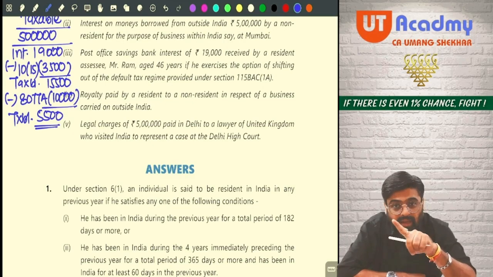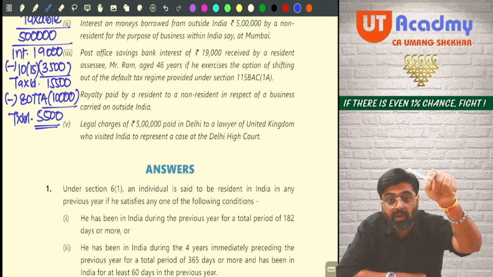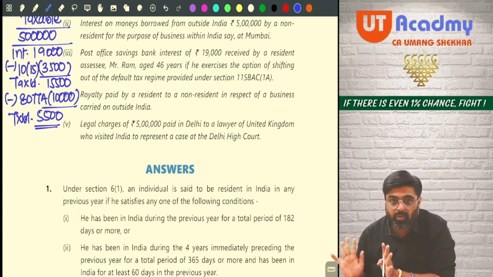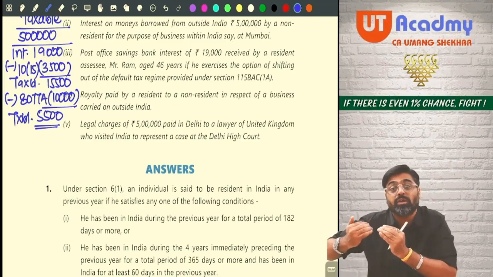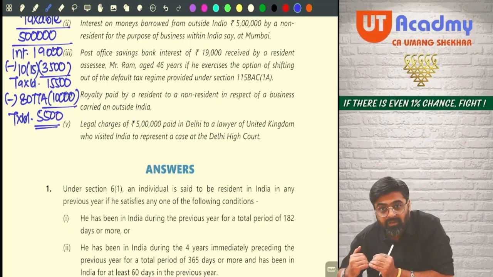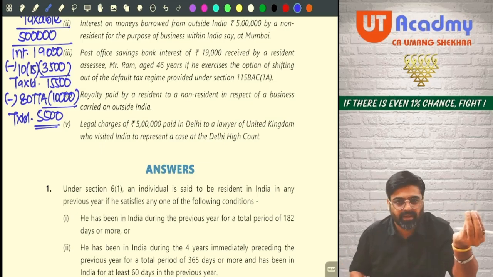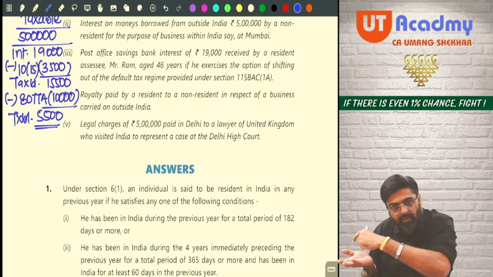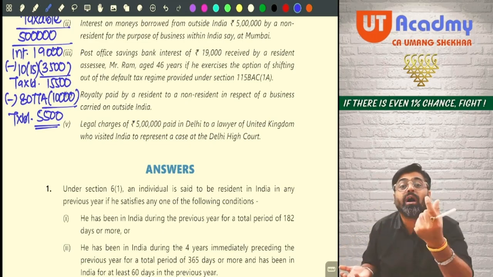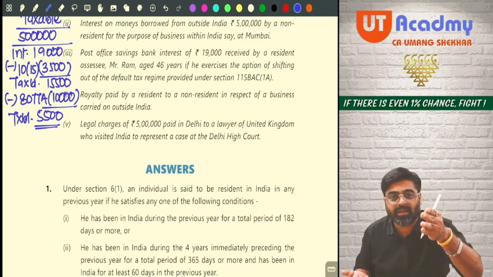Because if it is paid to a non-resident outside India, so for the non-resident, this is not deemed to accrue or arise in India. This is accrued outside India because it was for a business which was outside India. For example, some patent etc. is used for a business outside India, and on that patent, whatever royalty is coming, that royalty is accruing from outside India, and the non-resident is receiving that outside India.